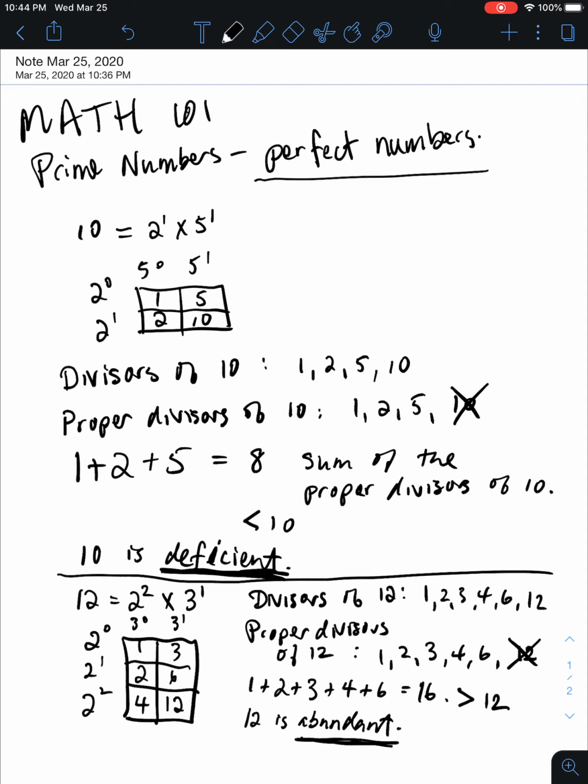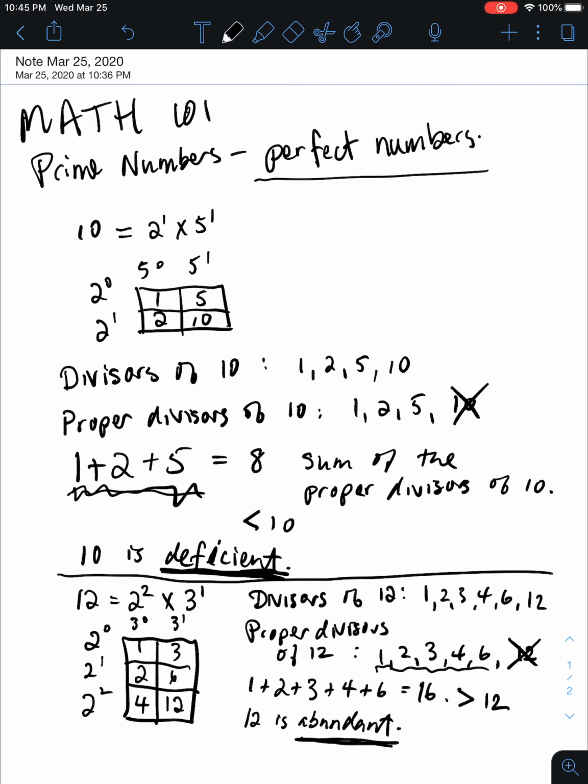So you see that 10 has only 3 proper divisors, whereas 12 has 5 proper divisors. And so that gives you some idea about whether a number is going to be deficient or abundant.